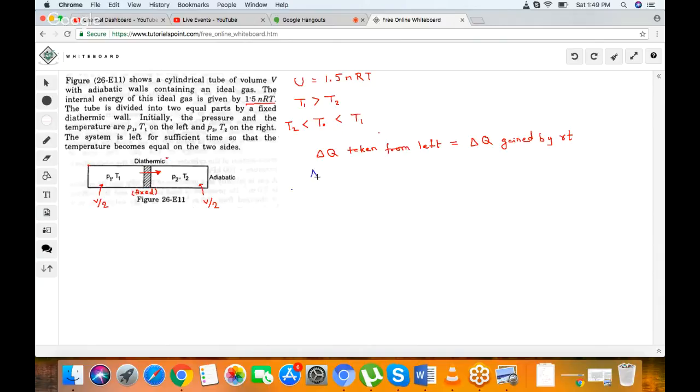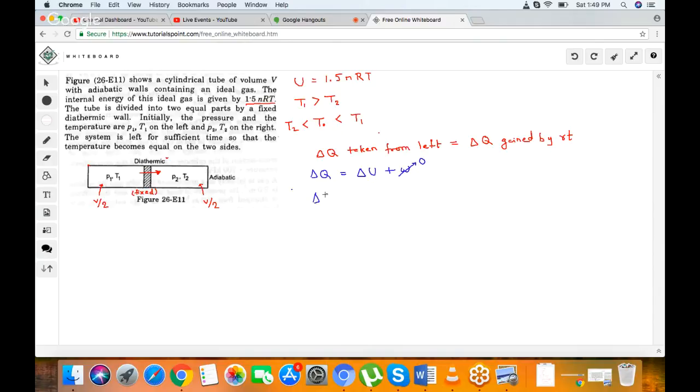Okay, so if I apply the first law of thermodynamics to, let us say, the left side, delta Q will be equal to delta U plus W. Fine. And since volume is fixed, the work done will be 0. All right.